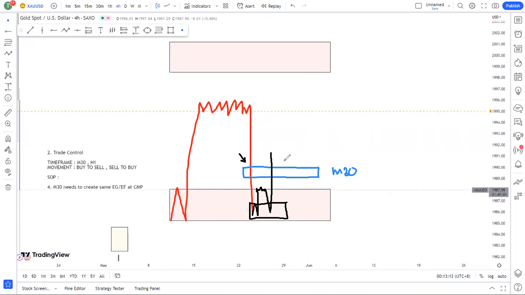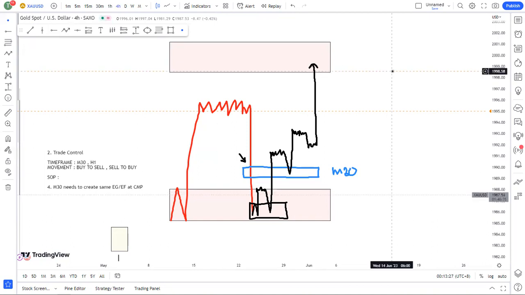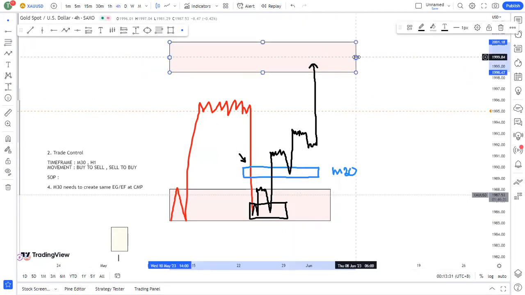It will continue up until the exit, no matter how long it takes. It's going to reach the zone. Understand it? So how do we identify if this zone is going to be respected or not?